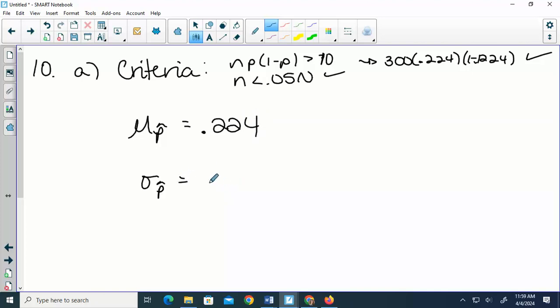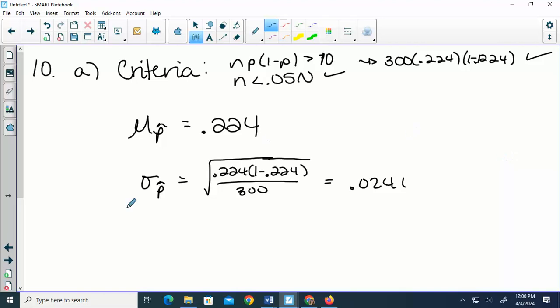Standard deviation is the square root of our proportion times 1 minus our proportion over n, which is 300. And we get 0.0241. So that's what I want when I ask you to describe.